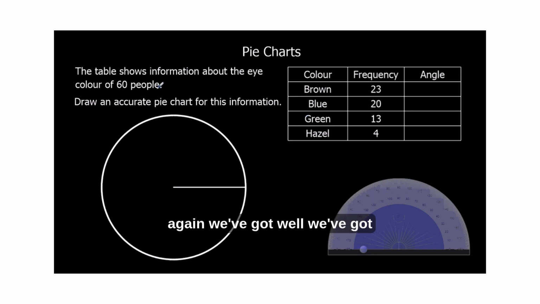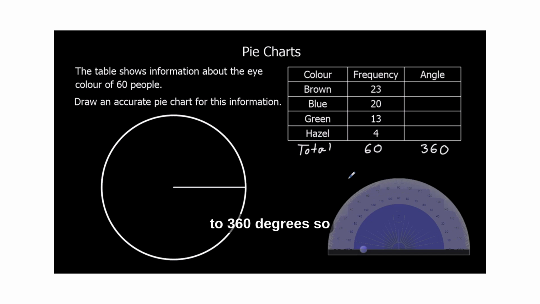So again, we've got 60 people, so we'll add a total row in the bottom here, and we've got 60 people in total, and the angles in total have to add up to 360 degrees. So what is our multiplier this time? How do we get from 60 to 360?